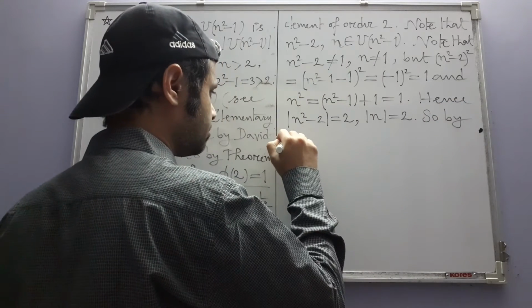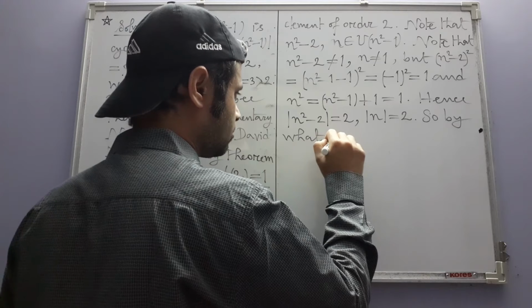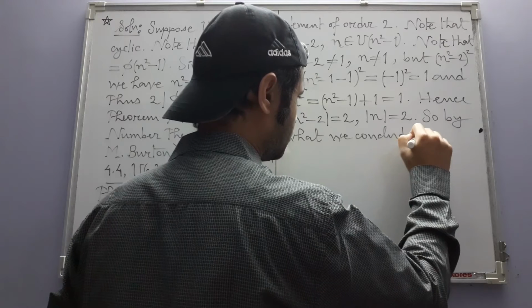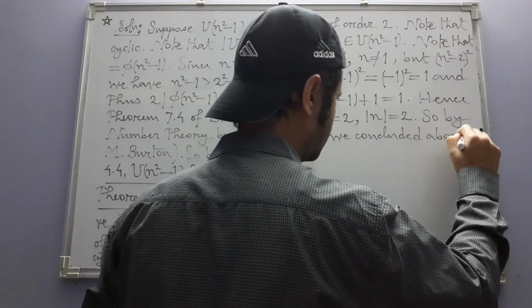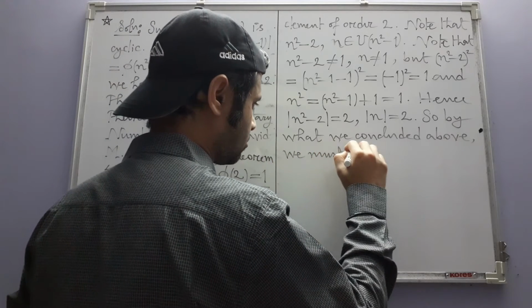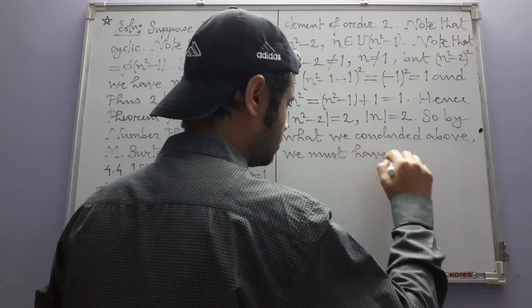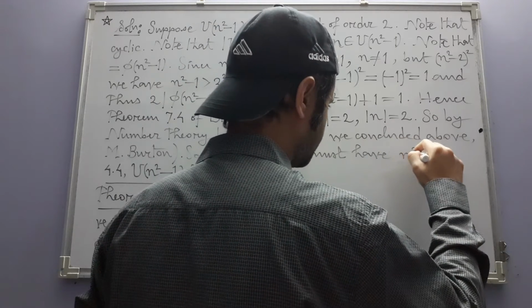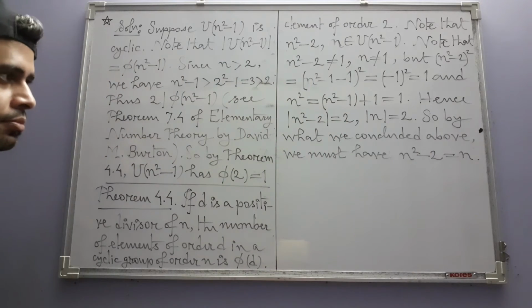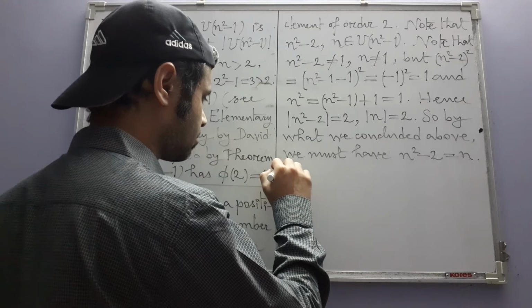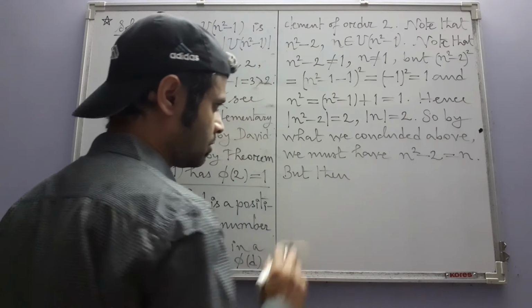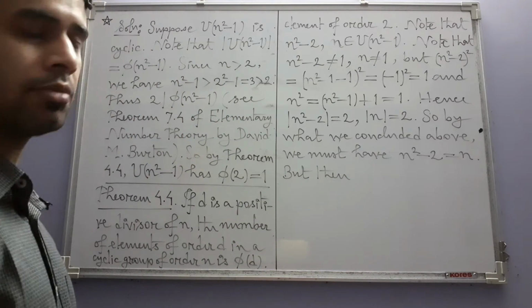So by what? We concluded above. These two elements actually should be equal in this group. But equality in this group means what?